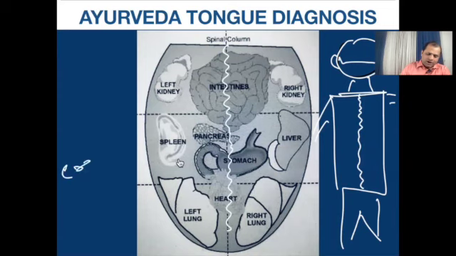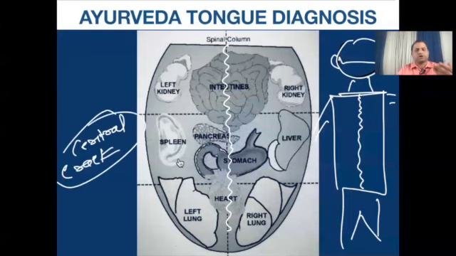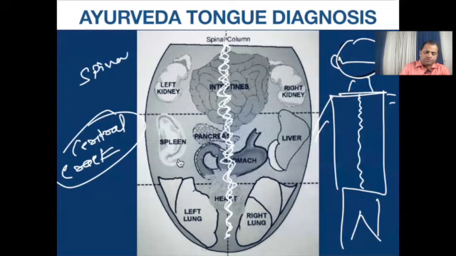Many persons have a central crack. If you see your tongue, or the tongue of someone else, many persons develop a central crack, right? So this central part or central crack also represents many things. The central part corresponds with the spinal cord.